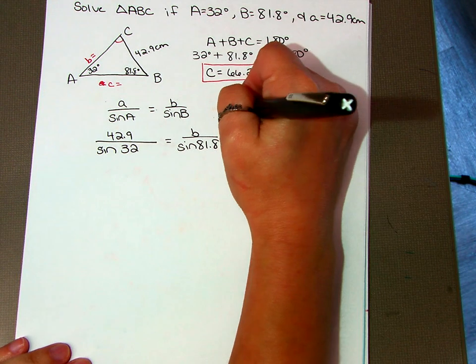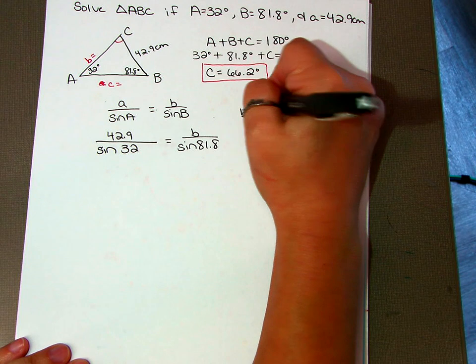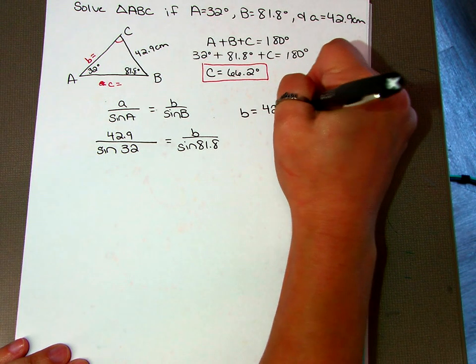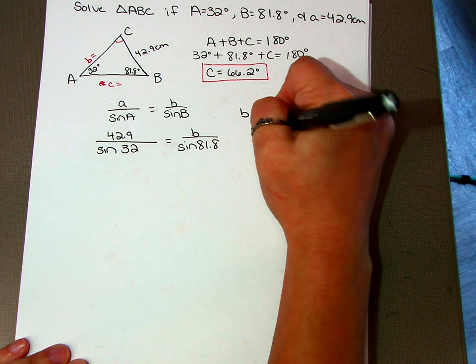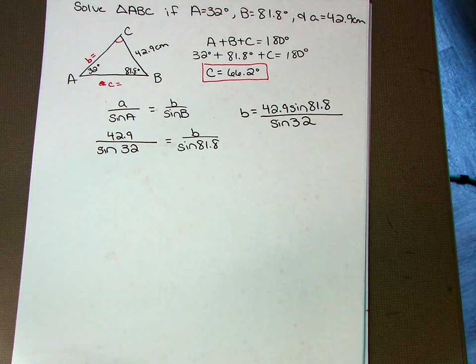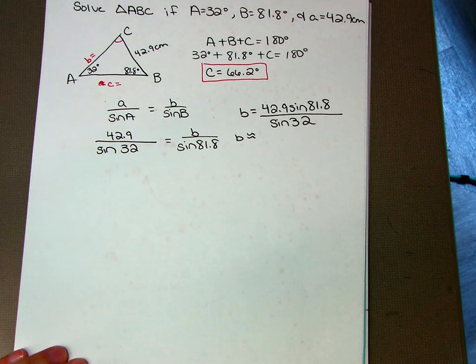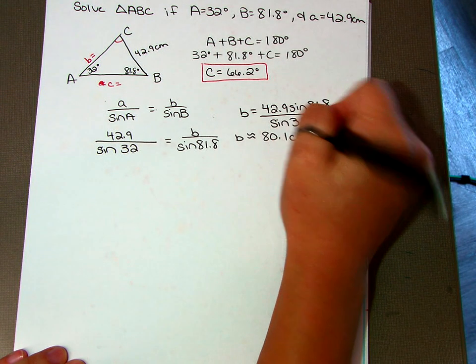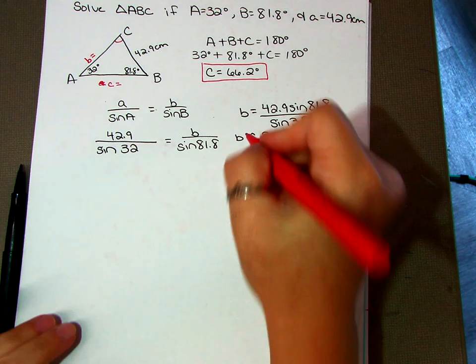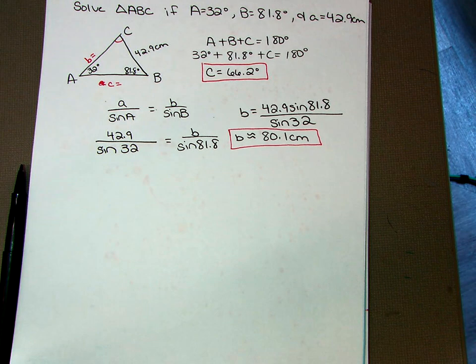If I multiply that sine of 81.8 over, then I'll get 42.9 sine 81.8 all over sine of 32. So I type that big bad boy in, and I get that B is approximately 80.1 centimeters. And on your homework and your quiz, it tells you exactly how many decimal places to round to every single time. I looked to make sure.